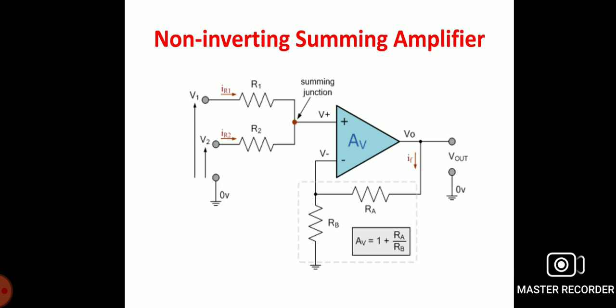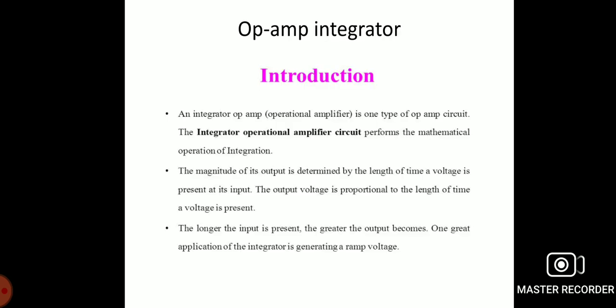This is because the current which flows in each input resistance is a function of the voltage at all the inputs. If the input resistances are made all equal, that is R1 equal to R2, then the circulating currents cancel out as they cannot flow into the higher impedance non-inverting input of the operational amplifier, and the output voltage becomes the sum of the inputs. So for a two input non-inverting summing amplifier, the current flow into the input terminal can be determined.